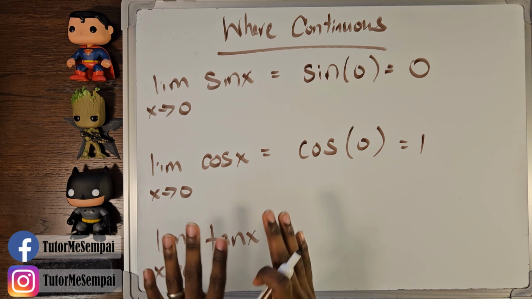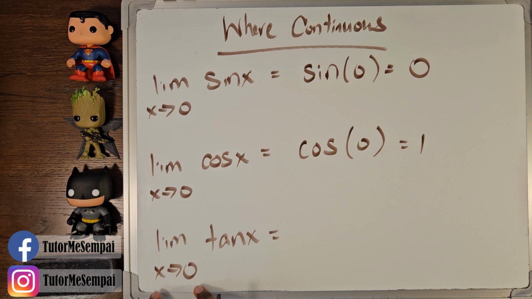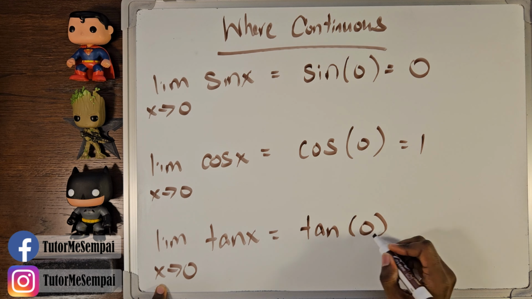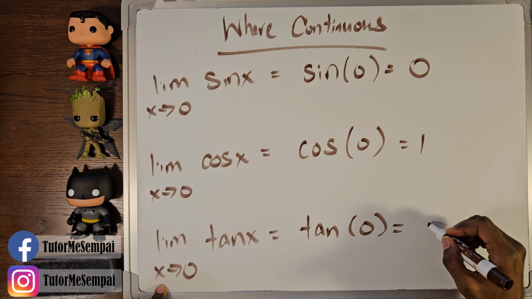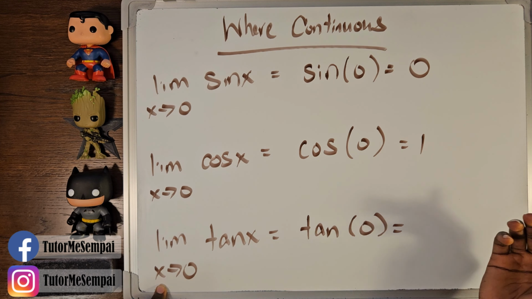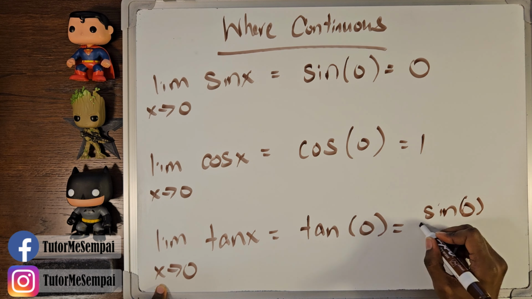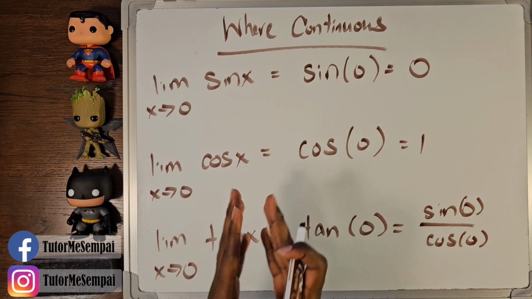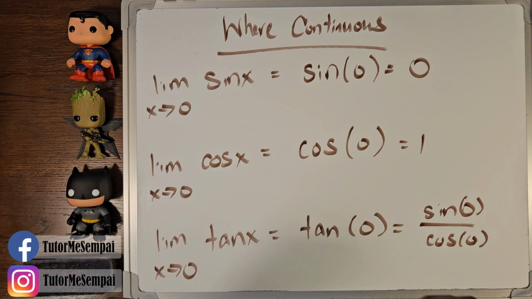Now tangent is a little interesting because it has those asymptotes. However, at 0, there is no asymptote, it's continuous. So all you have to do is plug in 0. And now what's tangent of 0? Well, tangent of 0 is 0. But if you didn't remember that, remember that sine of 0 over cosine of 0 is what tangent of 0 equals. When you're trying to find limits of trig functions, trig identities are going to play a huge role.